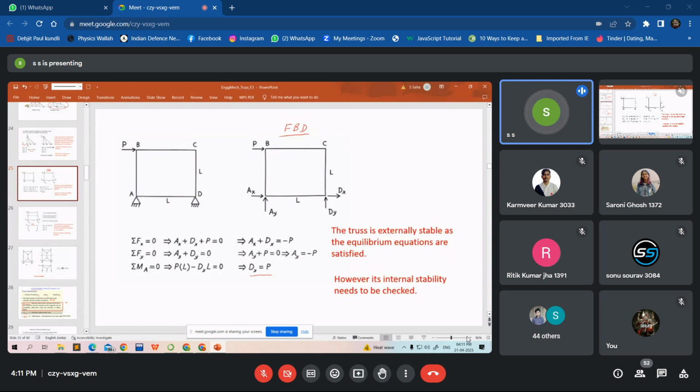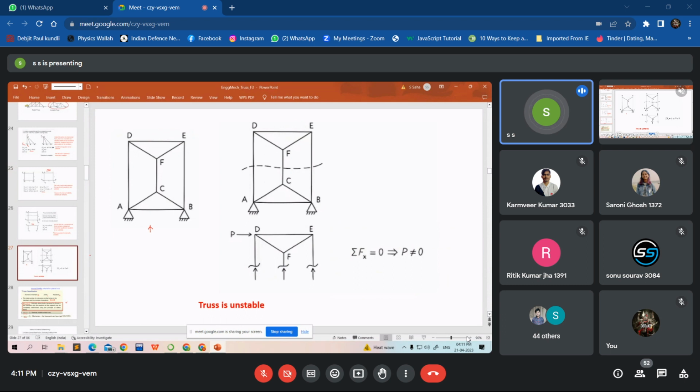So basically there are various scenarios. I will skip them, it is quite common here. Here also it is externally stable, but again you do not have the triangular configuration, so there will be collapse.